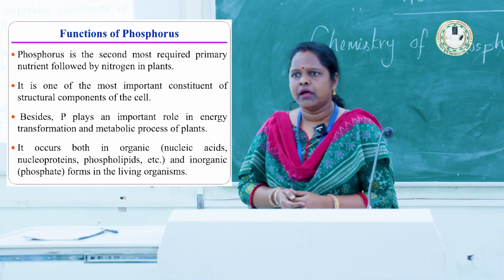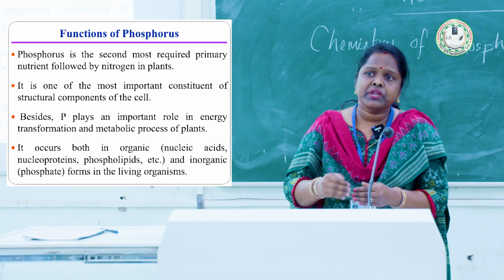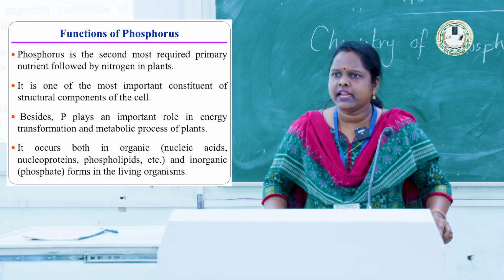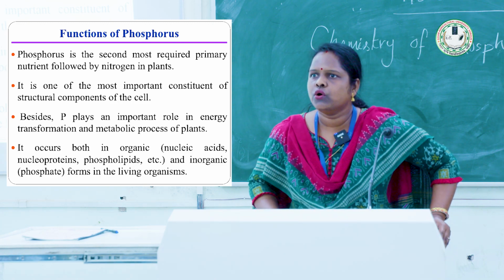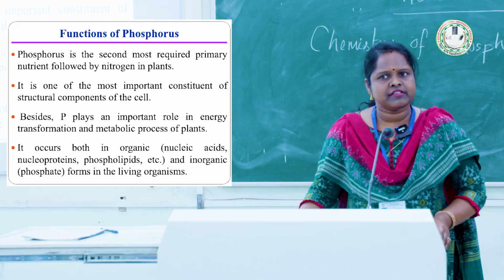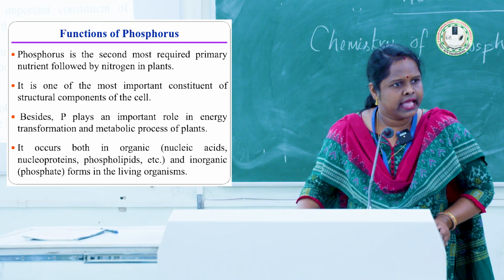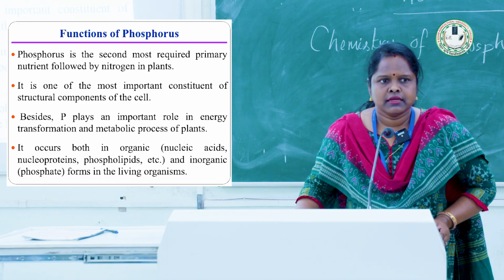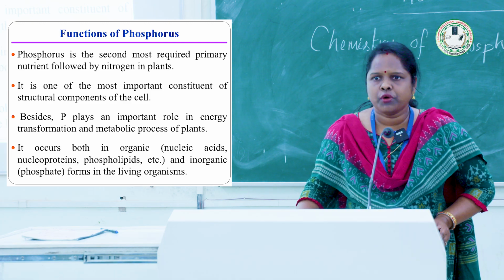So you can imagine how essential it is for the plant system. And from the physiological point of view, phosphorus is required for root growth and development. That is the reason why phosphorus is applied as a basal application at the time of sowing.